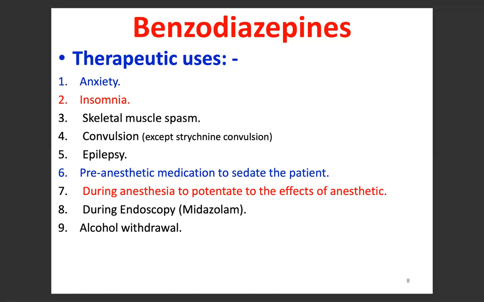So due to withdrawal symptoms of alcohol, there is anxiety, excitability, and skeletal muscle contraction. So to reduce this anxiety and hyperexcitability, to sedate the patient, to calm the patient, it is also recommended for alcohol withdrawal conditions.